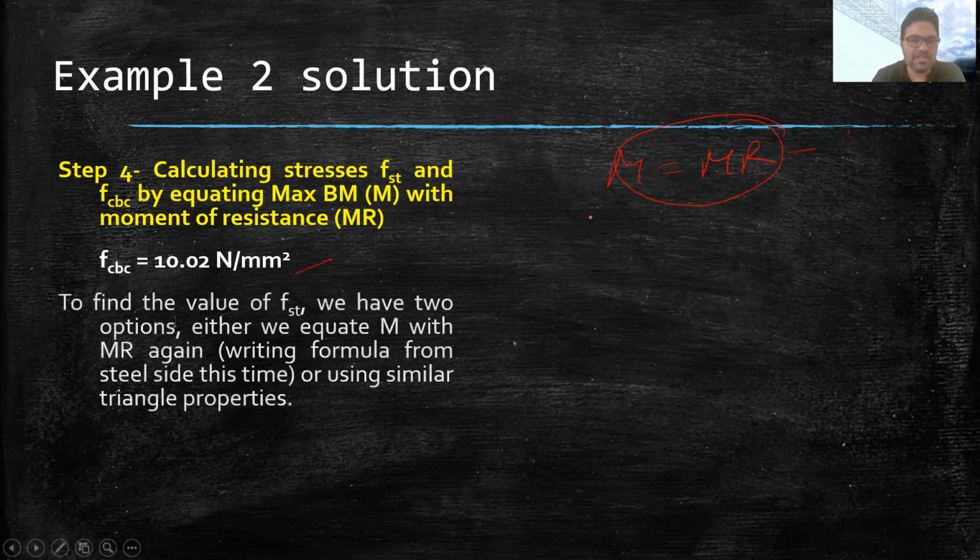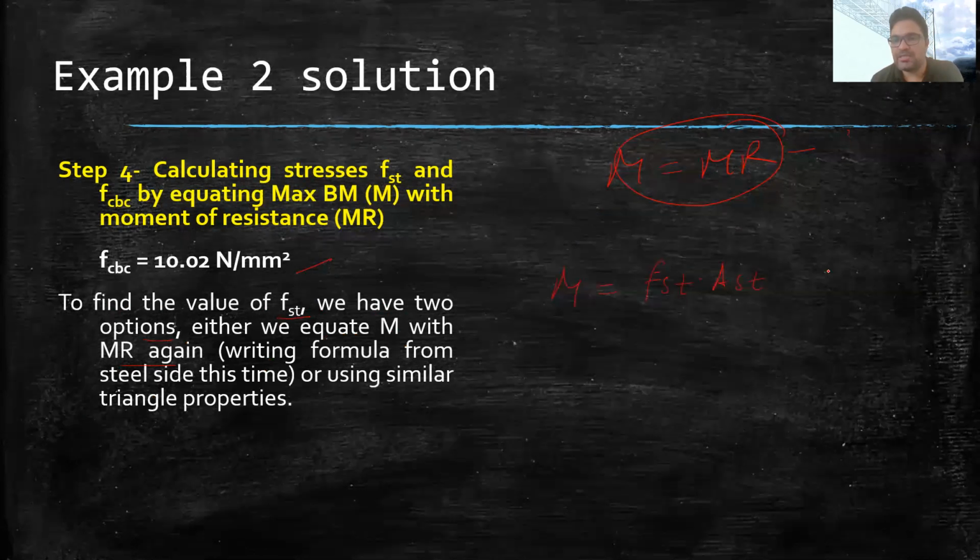As I have written here, to find out the value of FST, we have two options. Either we equate M with MR, where M is equal to FST into AST into D minus X by 3.